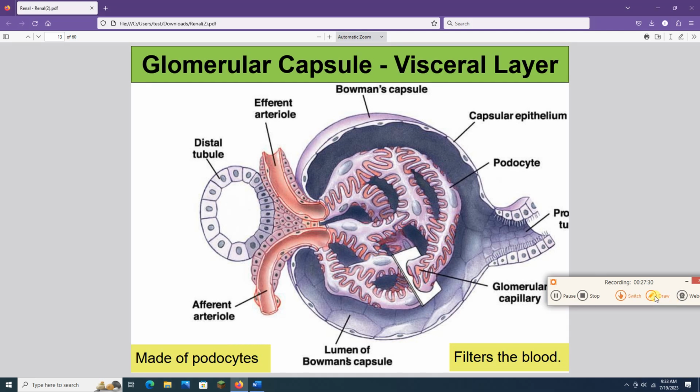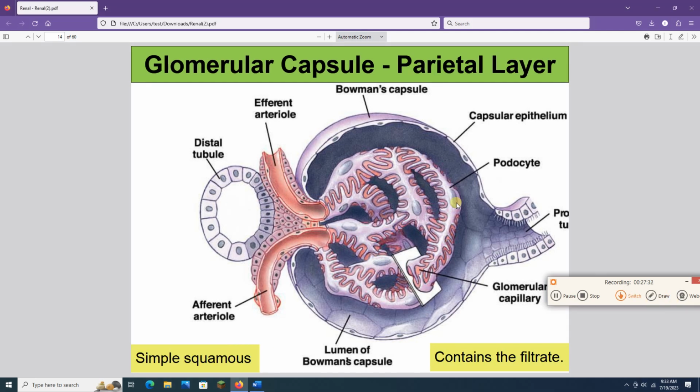There is also a parietal glomerular capsule. We see that out here. Check that simple squamous epithelium out. That simple squamous epithelium doesn't play any role in filtration, but it is going to hold the filtrate.